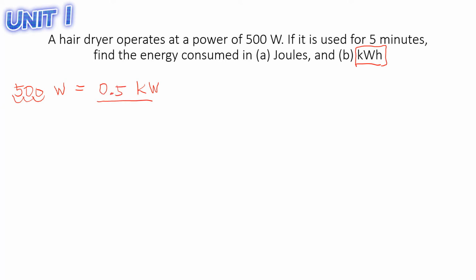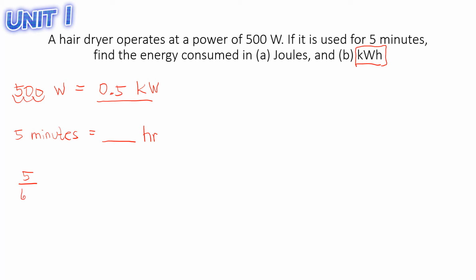And how about the hour? What we have here is 5 minutes, so how much is 5 minutes in an hour? All you have to do is divide 5 minutes by 60 minutes.